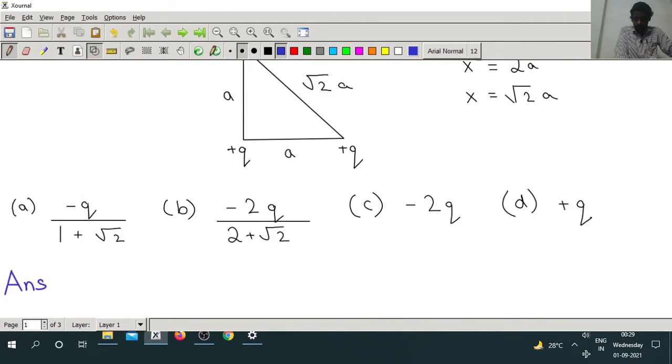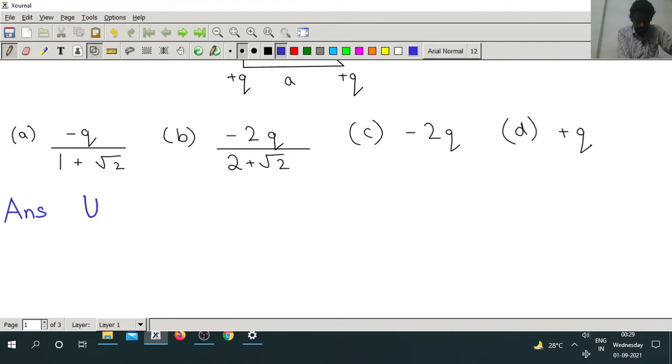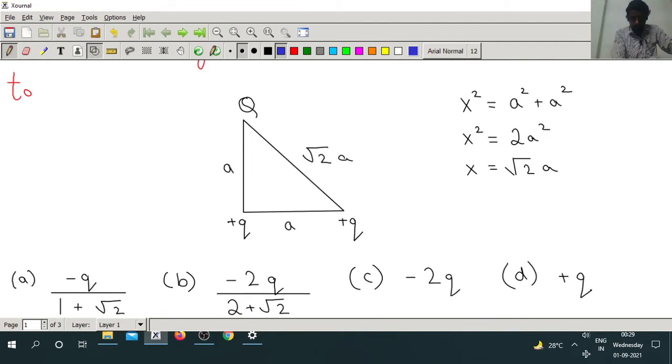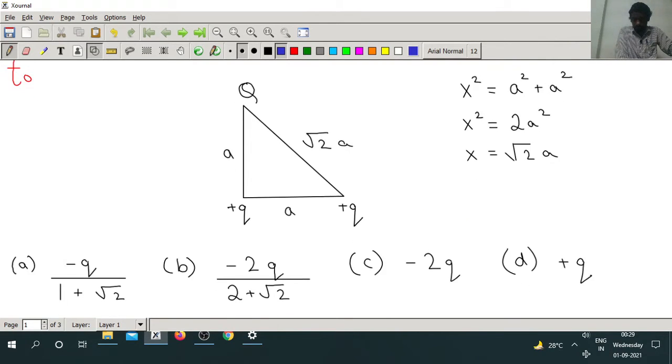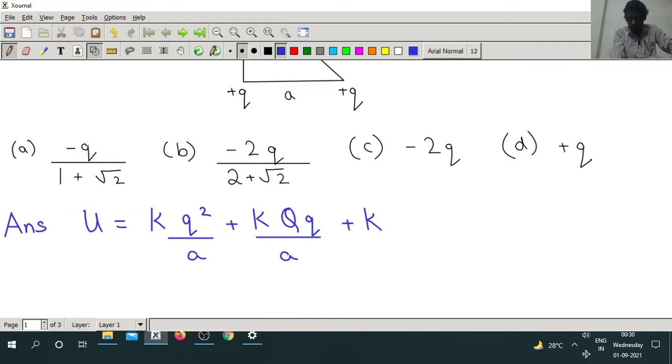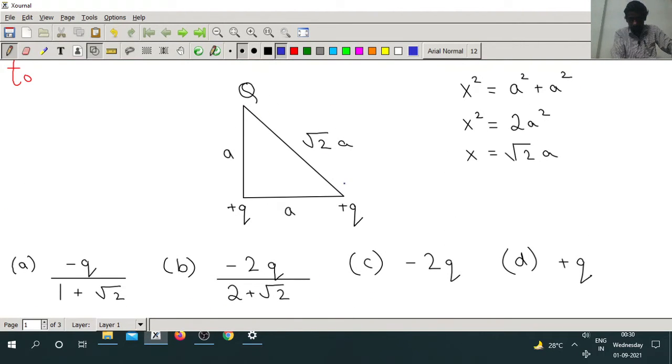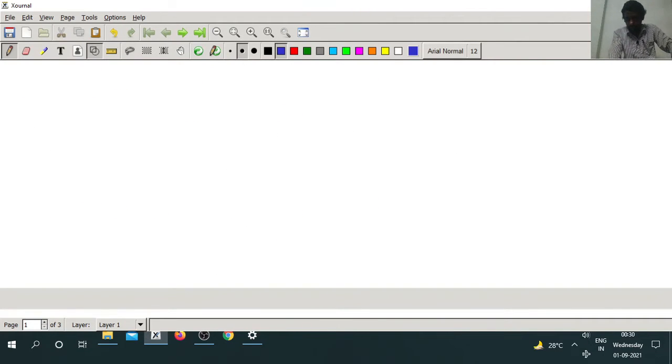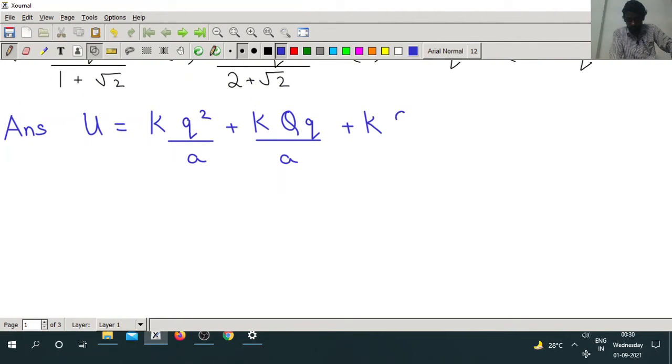So there will be three pairs, and let us write the expression for the total potential energy: K q square over a, plus K into capital Q and small q upon a, plus K into capital Q and small q divided by the distance under root 2a.